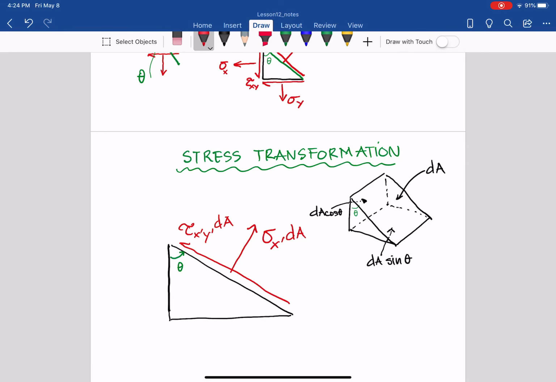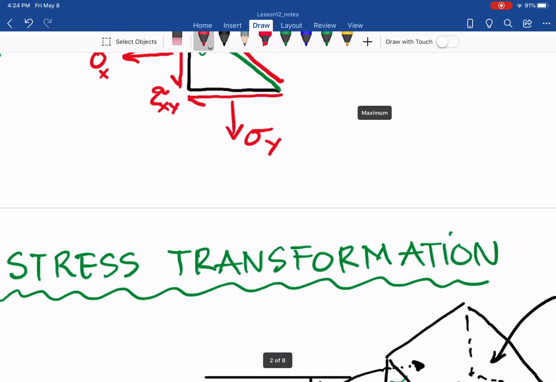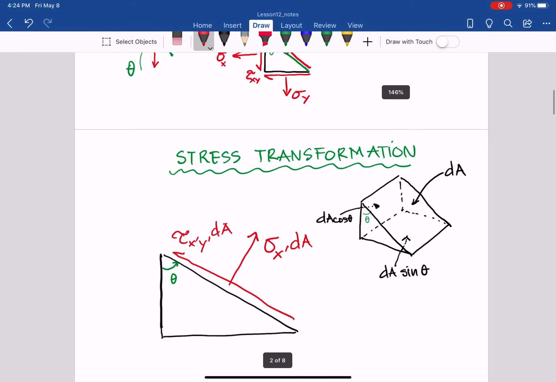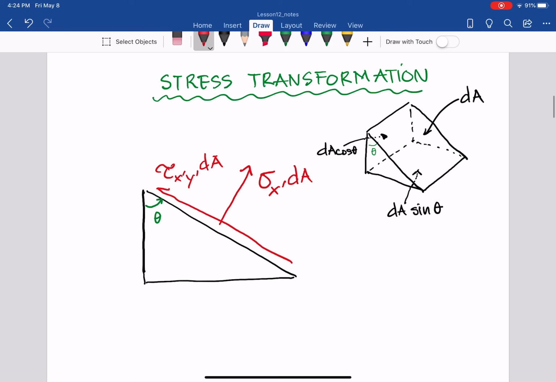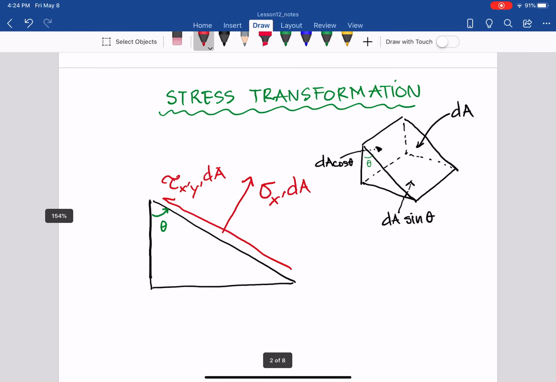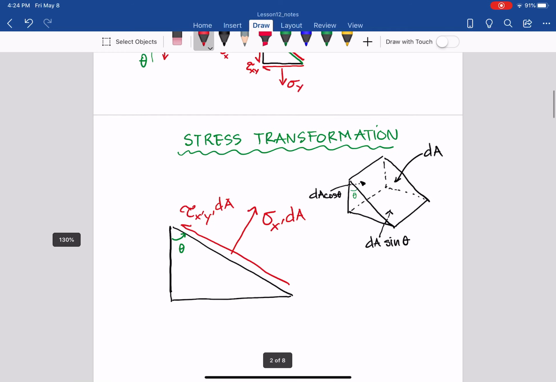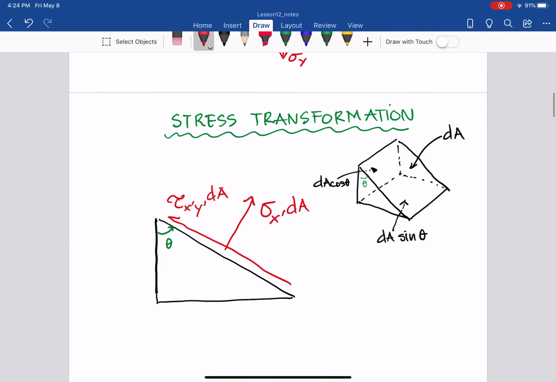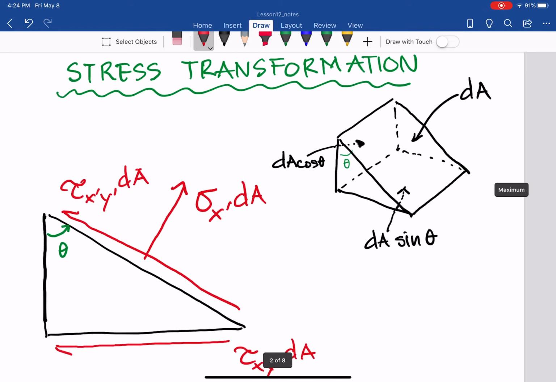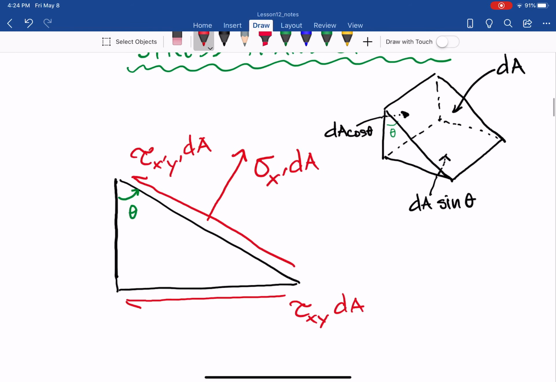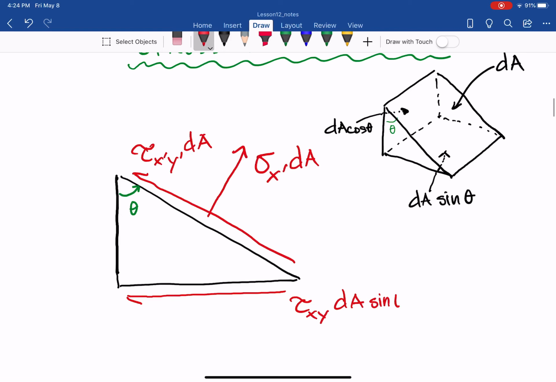And similarly, at the bottom, you have tau xy and sigma y, and now if we put the force, we have stress times the areas, you get the load, right, or the force. So from there we can have tau xy dA, and that area at the bottom is dA sine theta, so we can put dA sine theta there.